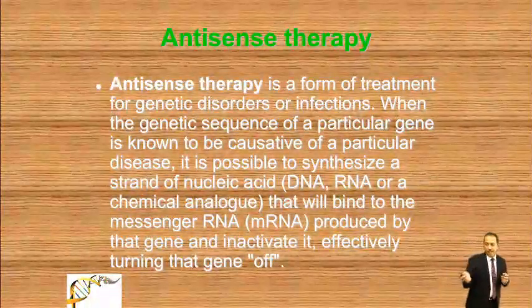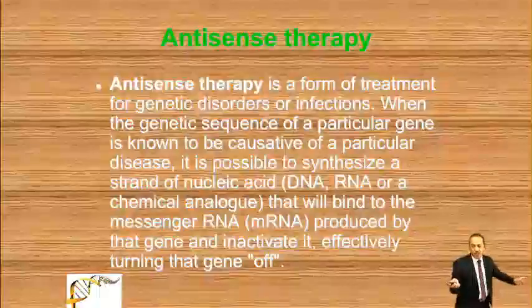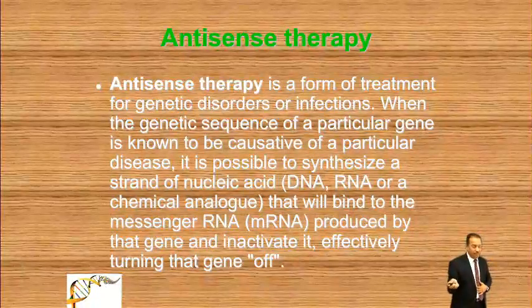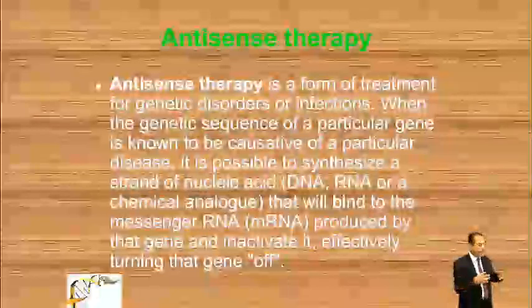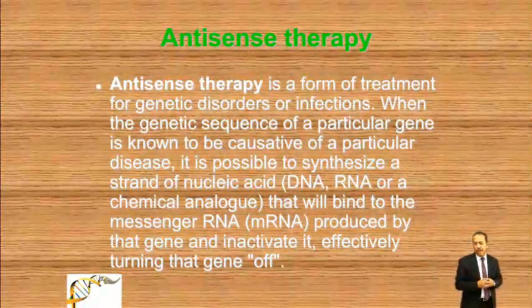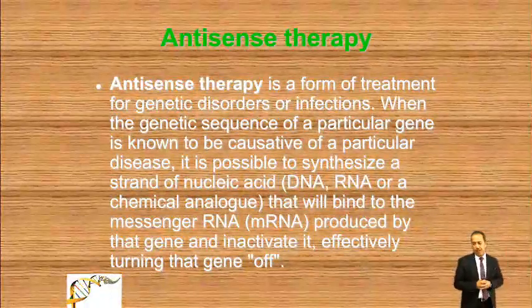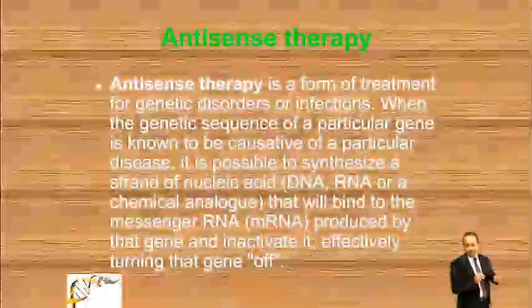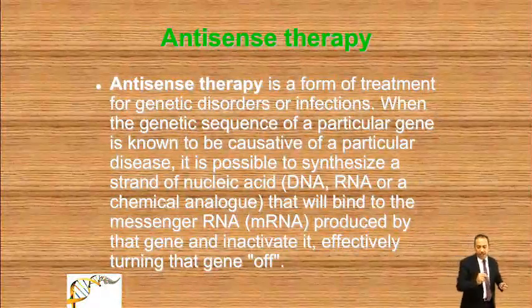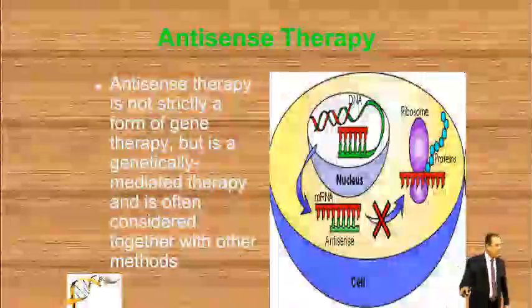When the genetic sequence of a particular gene is known to be causative of a particular disease, it's possible to synthesize a strand of nucleic acid, DNA, or RNA, or a chemical analog that will be bound to the messenger RNA produced by the gene and inactivate it effectively, turning the gene off, as you show here.